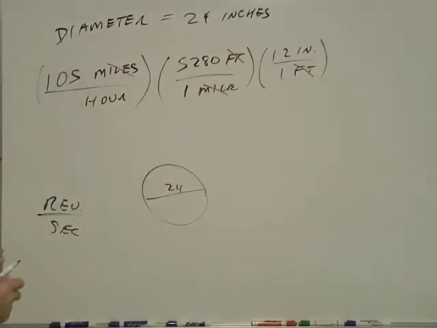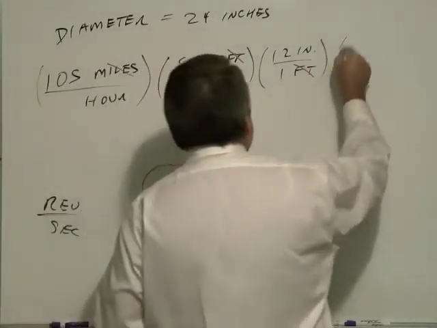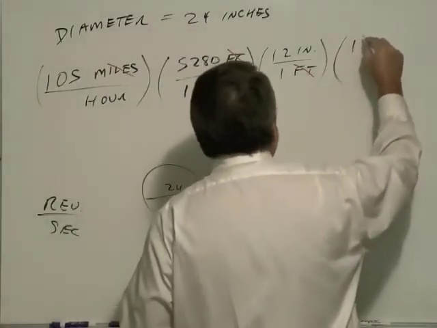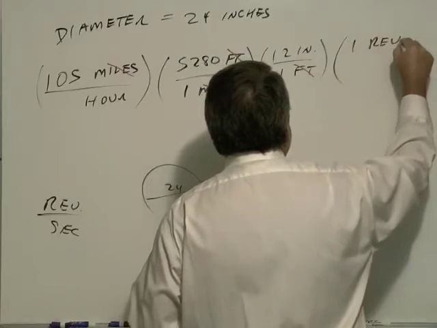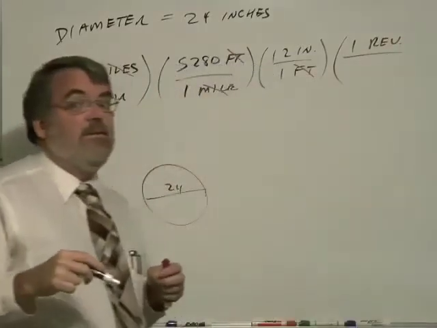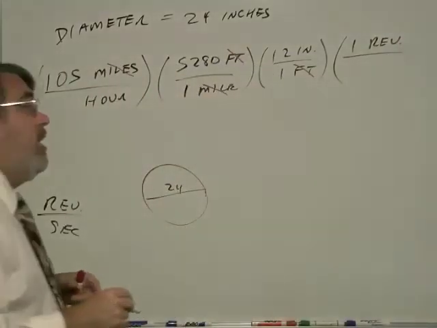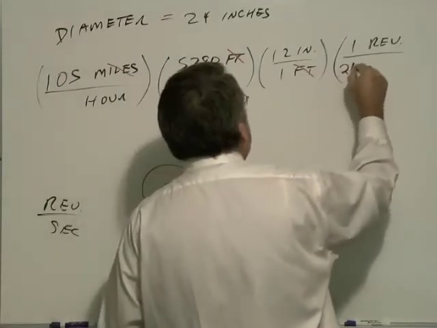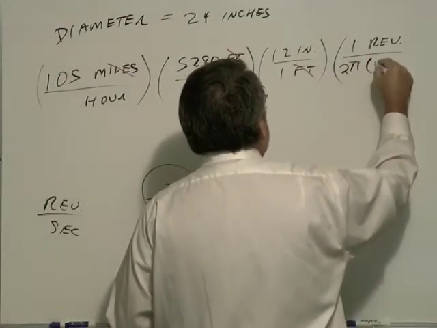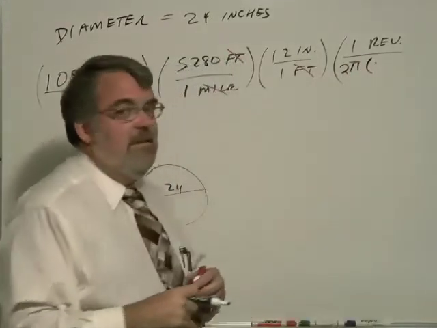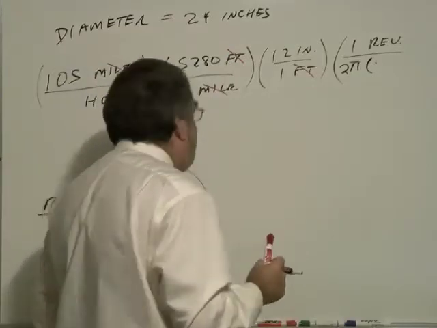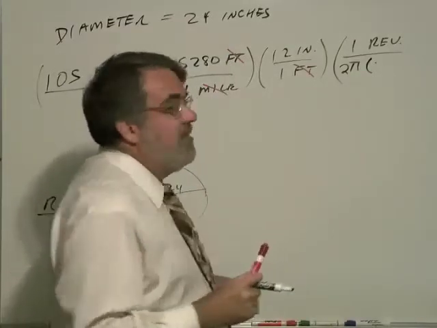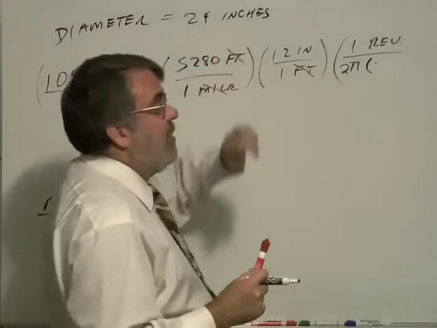Now in terms of revolutions, rotations of the tire, one revolution of the tire is the circumference, 2 pi times the radius. It is 2 pi times the radius, and the radius is 12 inches, not 24.